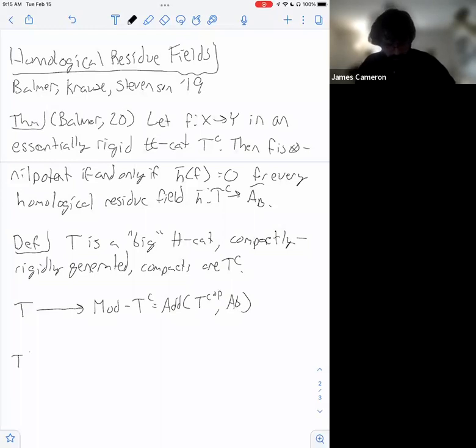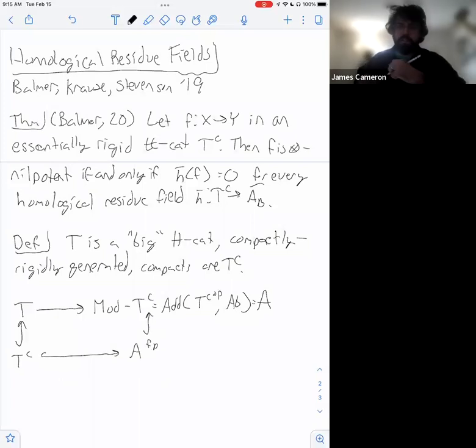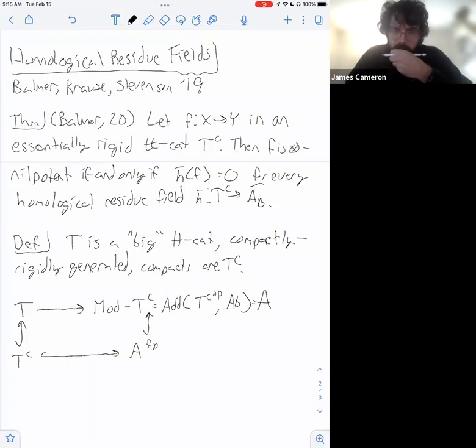Let's call this A. That's our usual name for this. And T^c embeds in here as the finitely presented part of A. So A is a nice Grothendieck abelian category, so it's a nice place to do homological algebra, even though it's sort of large looking.